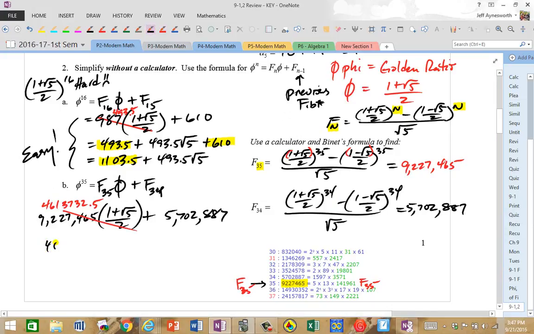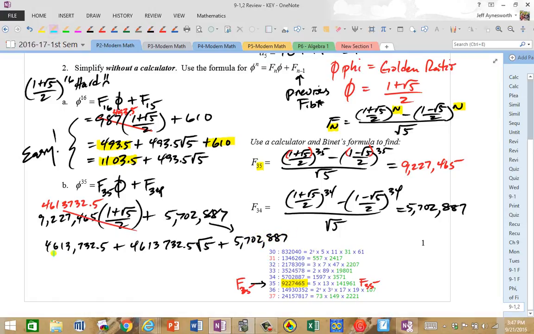So I get 4,613,732.5. That's times 1. Now times the root 5, so same thing. Plus this number here, which is 5,702,887.